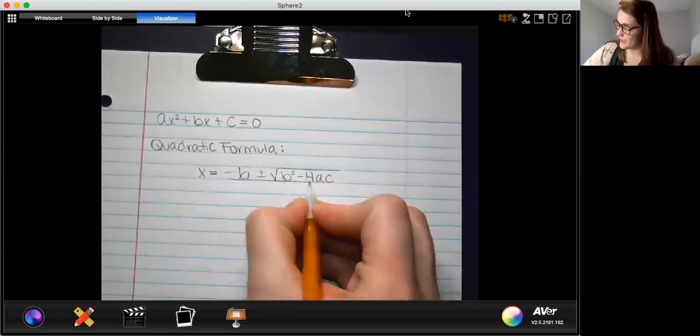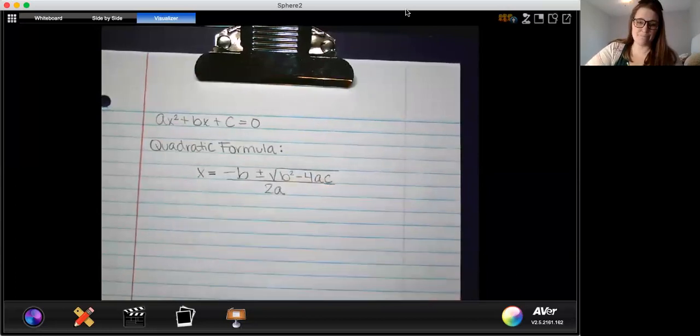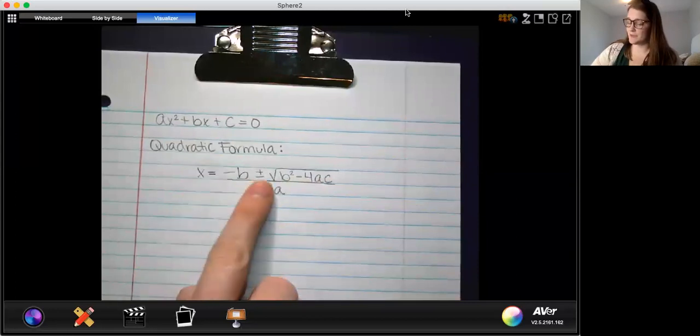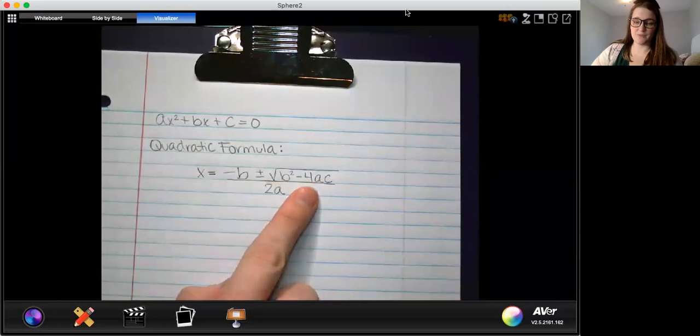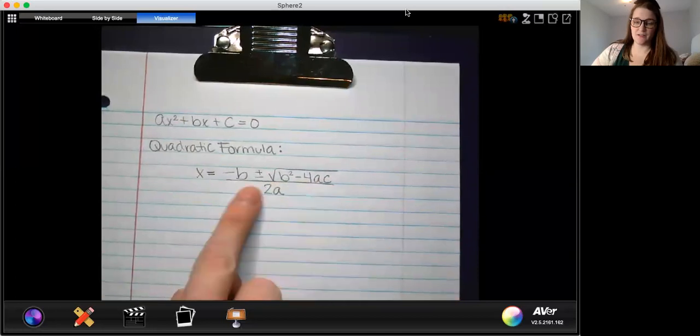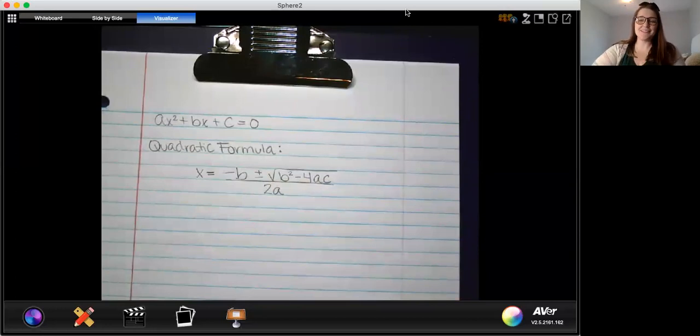All divided by, whole thing, 2a. So x equals the opposite of b plus or minus the square root of b squared minus 4ac, whole thing divided by 2a. Okay, down to singing time.